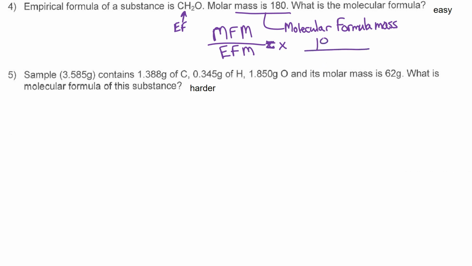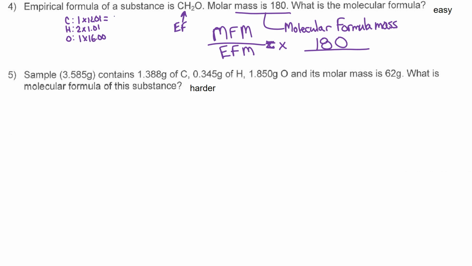I'm going to put 180 on top. How do I get my empirical formula mass? I just need to get the molar mass of CH2O. So I have 1 times 12.01. I have 2 times 1.01. And I have 1 times 16.